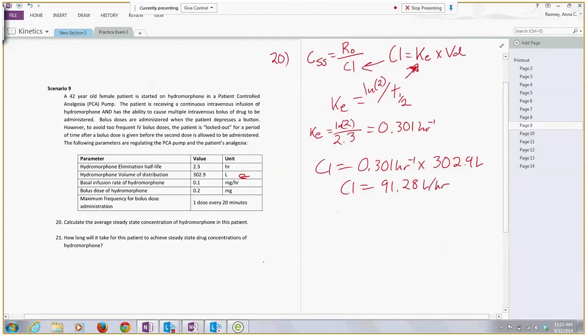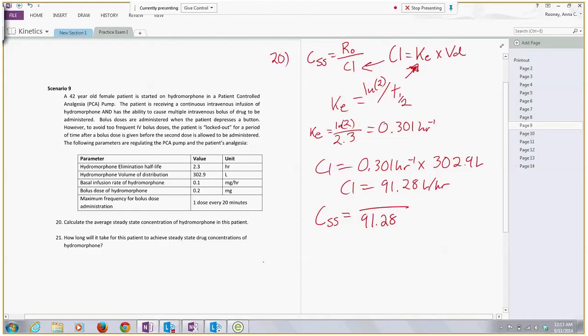That's a ton. That's like twice your body mass in fluid getting cleared. That is hella efficient. Your body is amazing. So clearance goes down here.